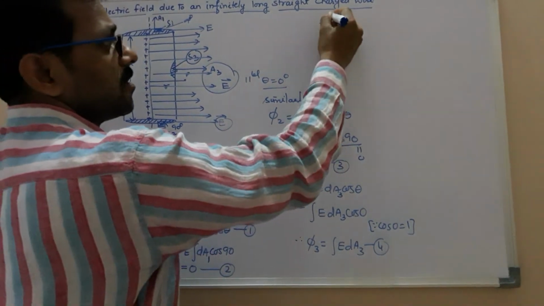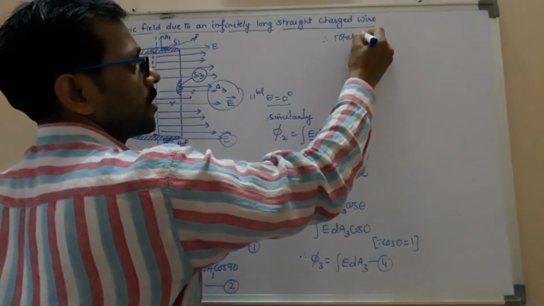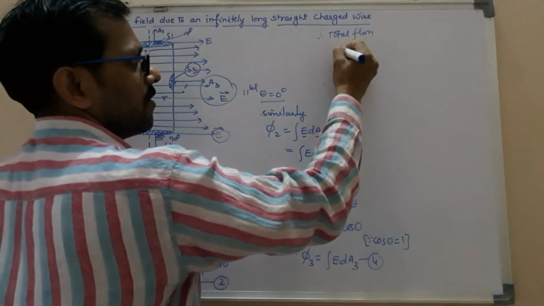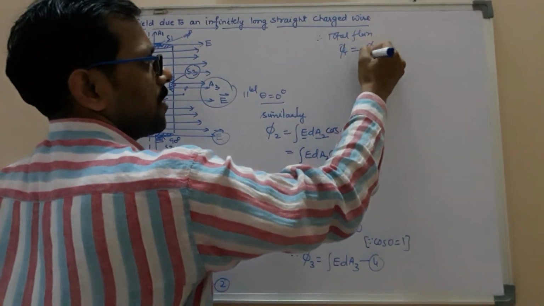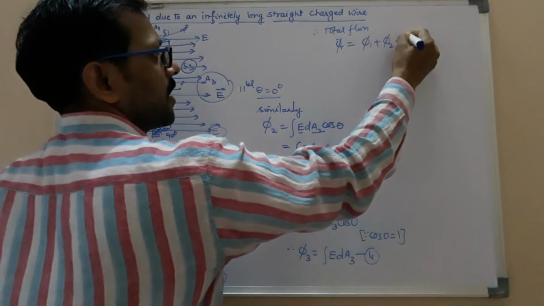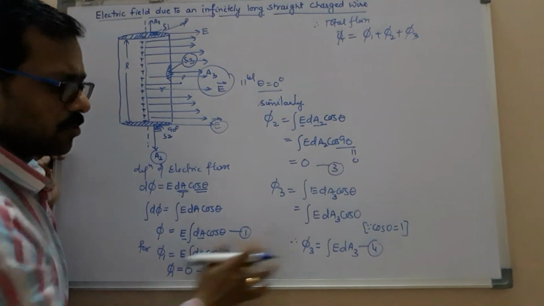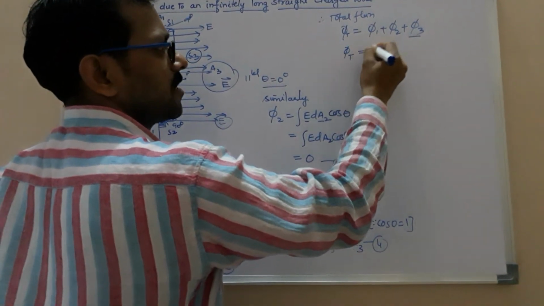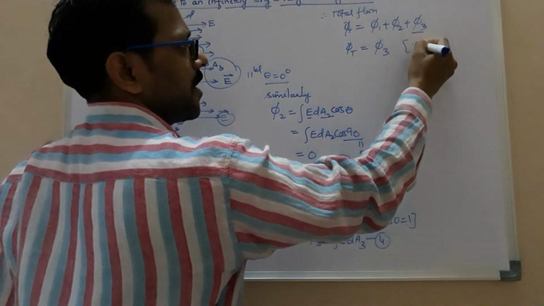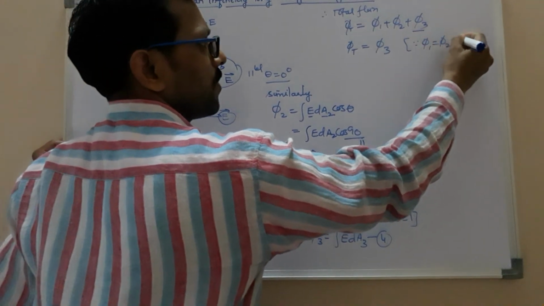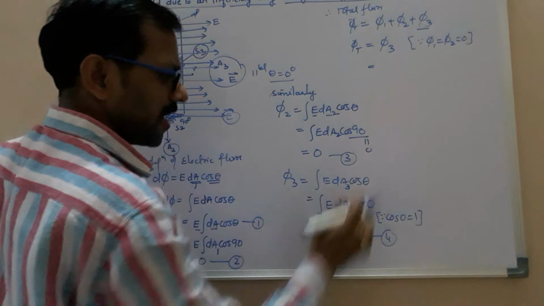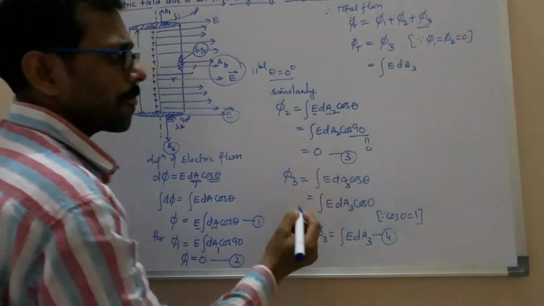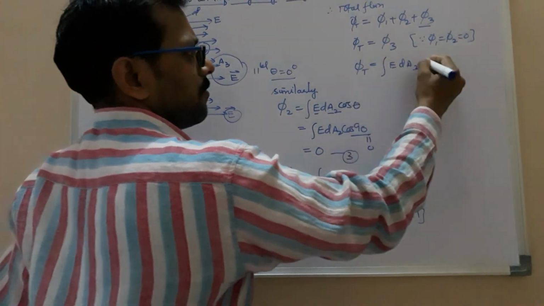Therefore, the total flux through this Gaussian surface equals phi 1 plus phi 2 plus phi 3, but as we know phi 1 and phi 2 are 0, so the only responsible flux is phi 3. So phi total equals phi 3, which is the integral of E dA3. This is equation 5.